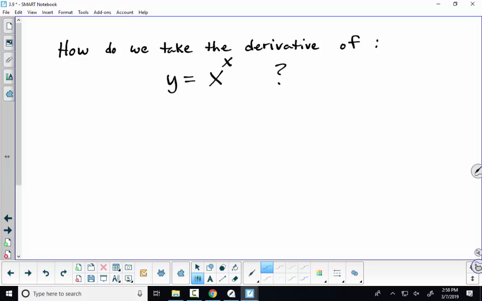In general, the question would be, how do we take the derivative of y equals some function of x to another function of x power?